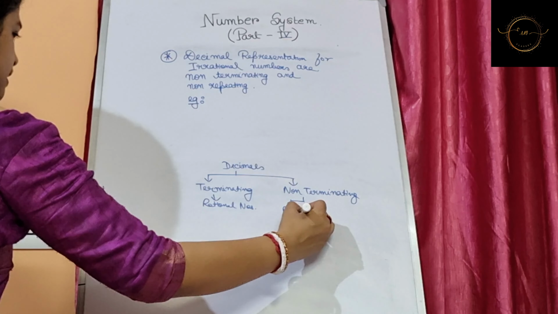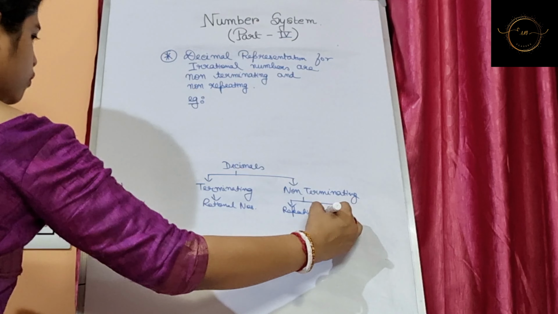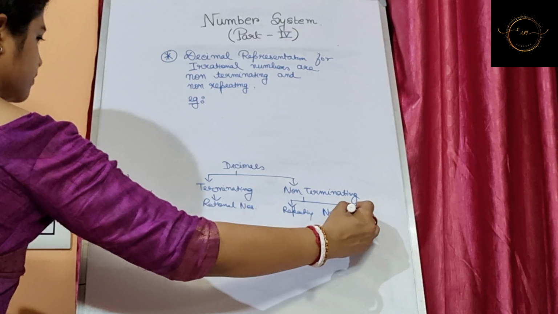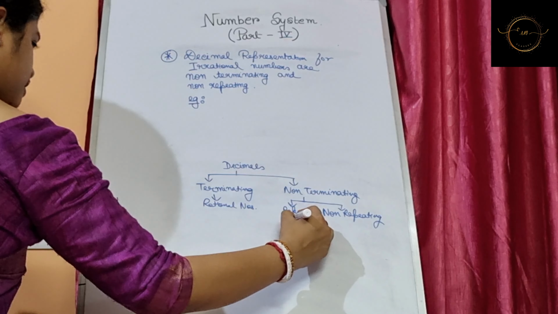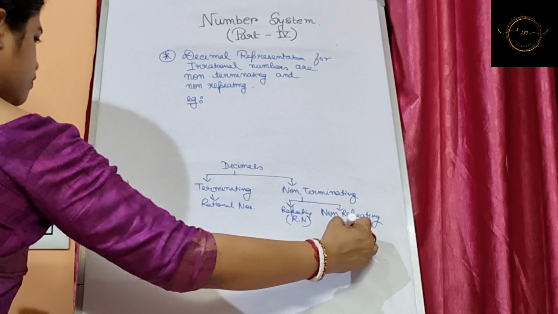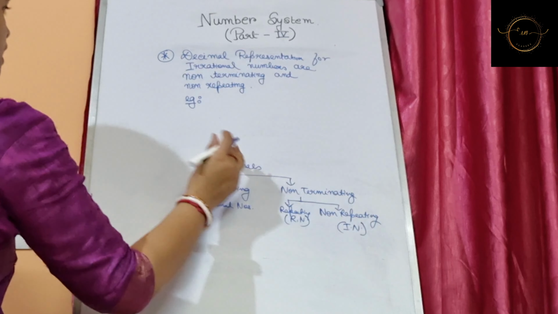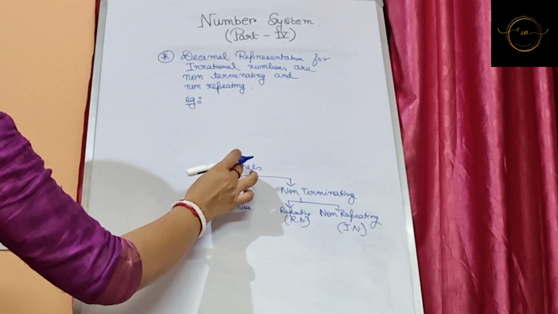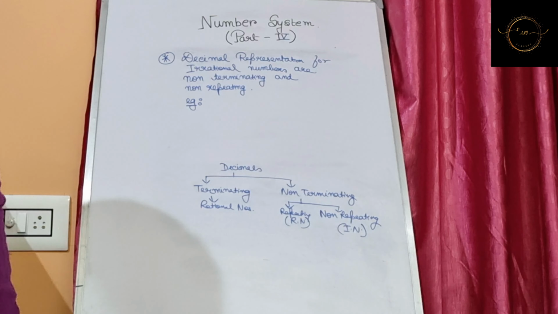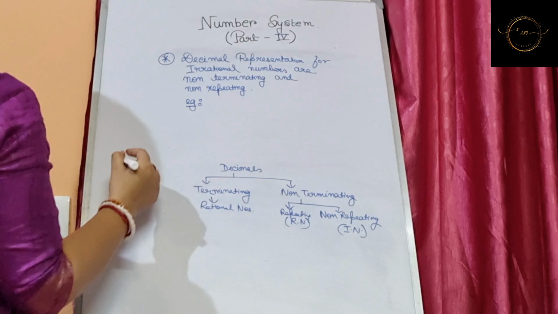First is repeating and the second was non-repeating. This was rational number and this was irrational number. So irrational numbers are non-repeating and non-terminating, which will obviously be in the form of decimals.